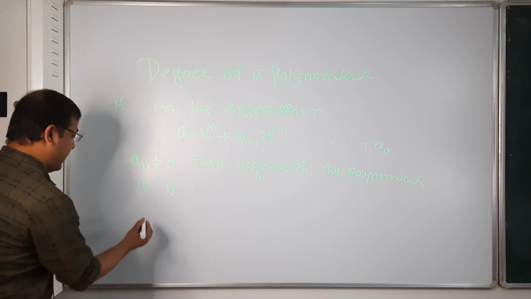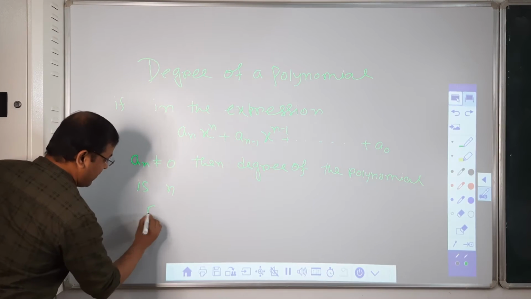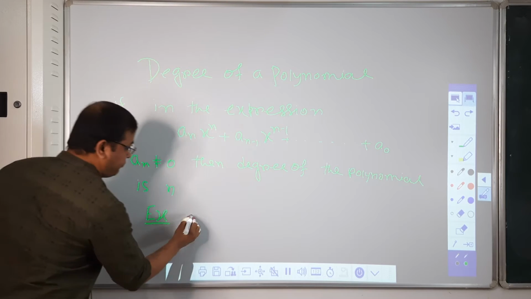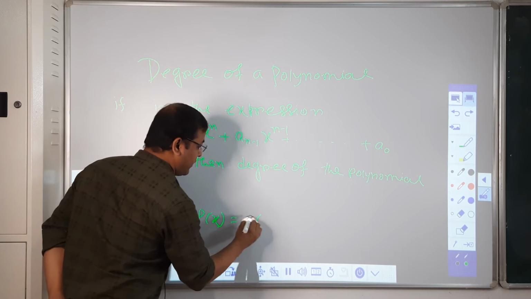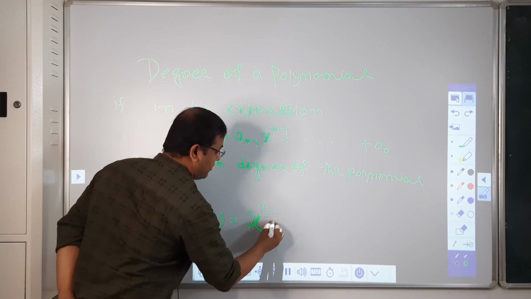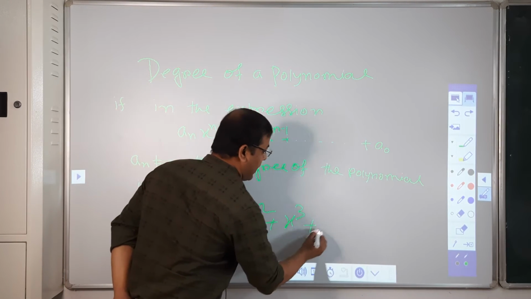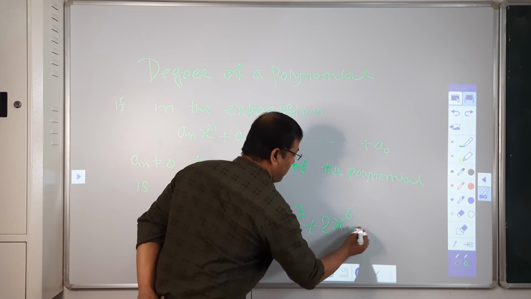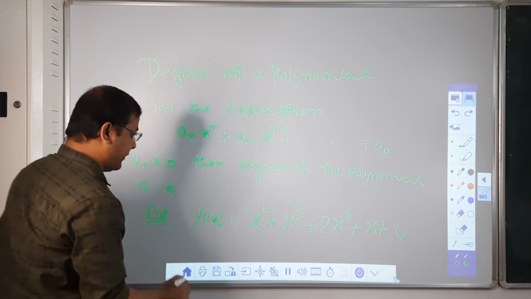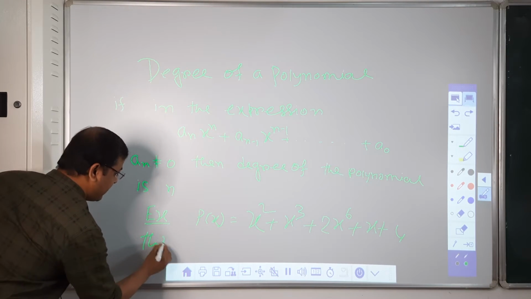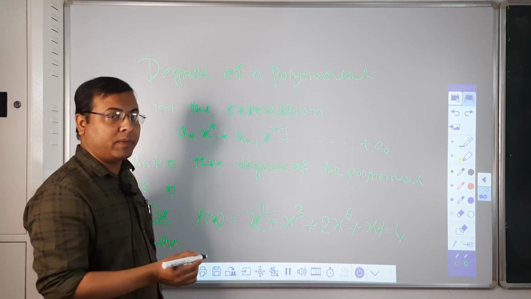As for example, if px be a polynomial of the form x square plus x cube plus 2x to the power 6 plus x plus 4, then what is the degree of the polynomial?